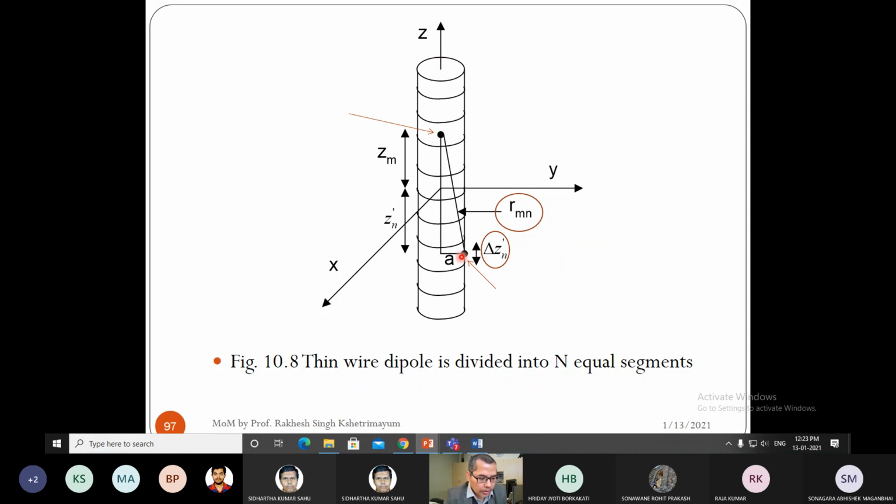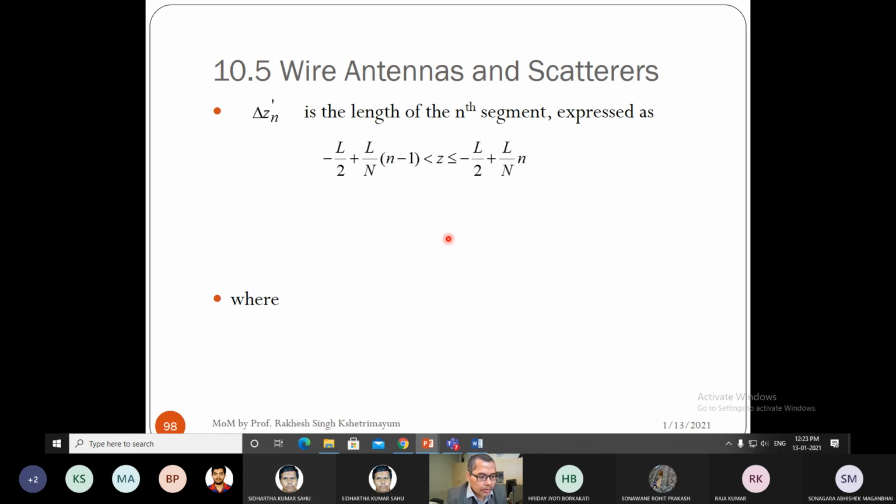To locate these points, we start from minus L by 2. The size of each subsection is capital L by capital N, and at the nth segment it starts from n minus 1. So the start is minus L by 2 plus capital L by capital N times n minus 1.